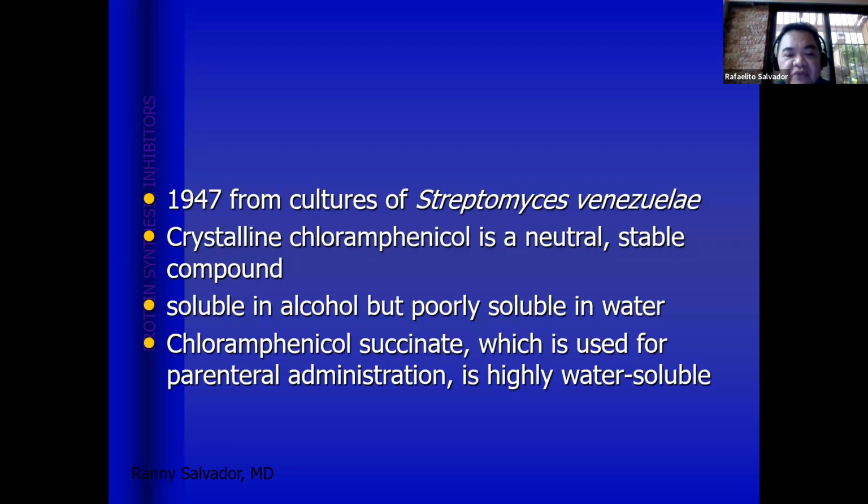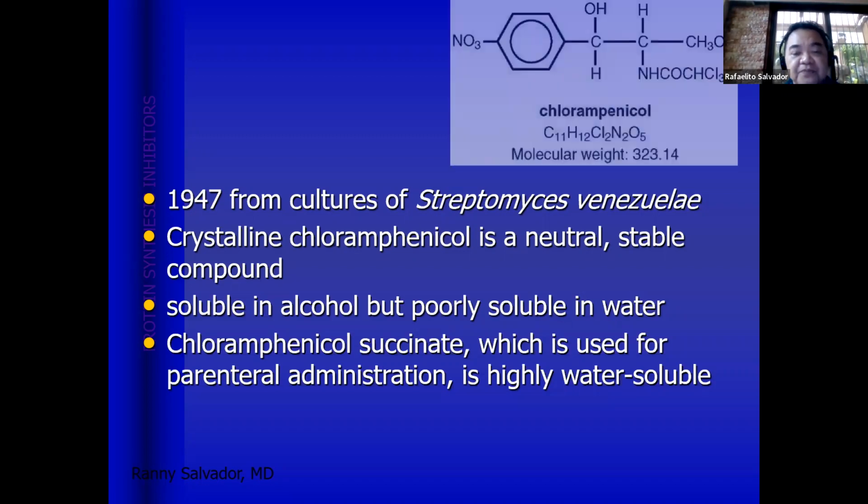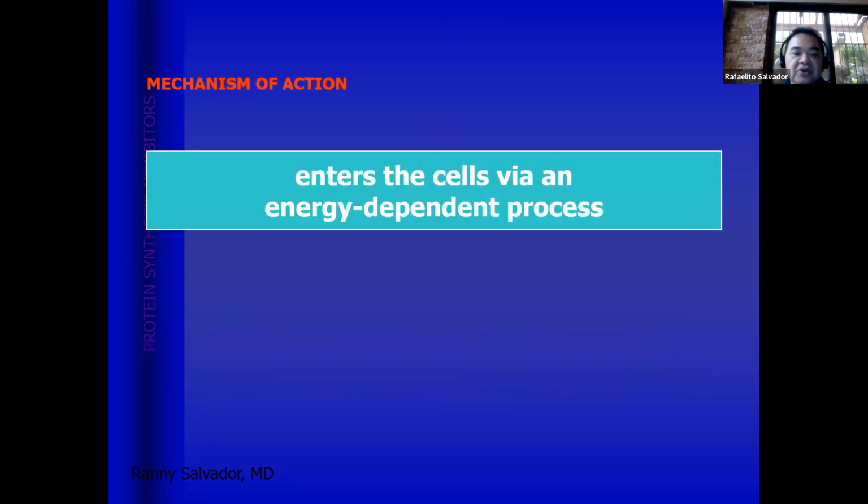It is chloramphenicol succinate, which is used for parenteral administration. Again, if you look at all of our medications, it has a salt. Chloramphenicol succinate is a highly water-soluble substance, but by itself, crystalline chloramphenicol is poorly soluble in water. So very important.